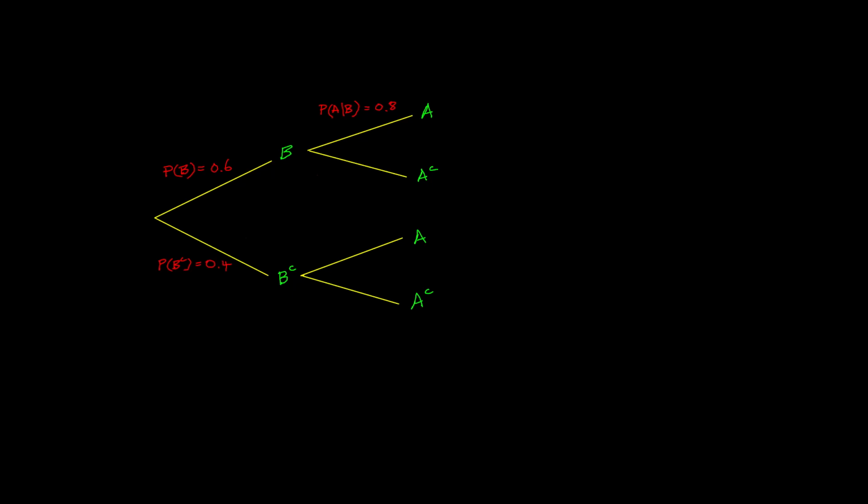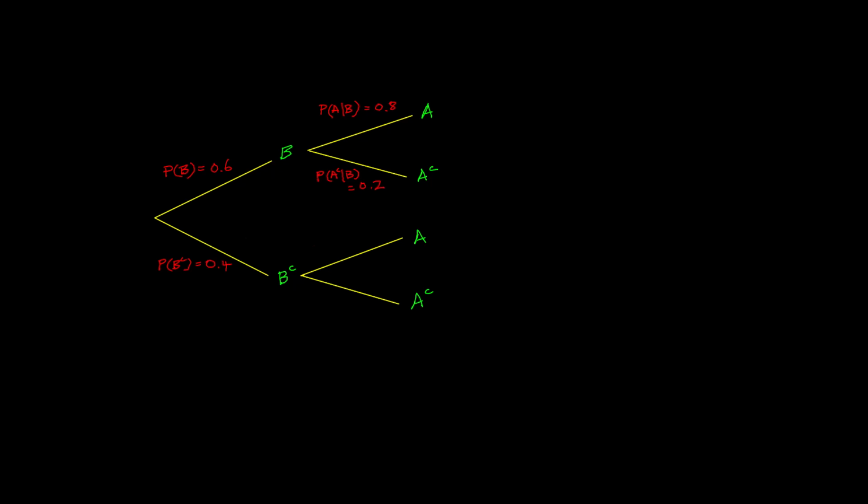Next, we have the probability of A superscript C, which is the probability of A not occurring given that B did previously occur, and that has to be 0.2 because A can either occur or not occur, and therefore the two probabilities must add up to 1.